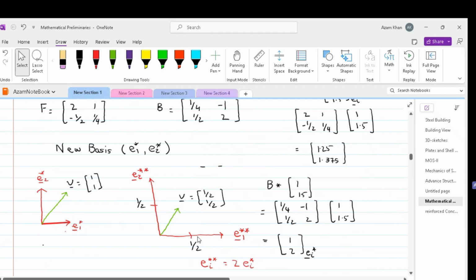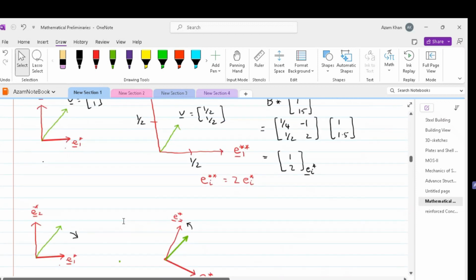So by increasing the size of the bases, we actually reduce the components. Please remember again that the vector direction and magnitude will stay the same. It's only the components which are becoming halved, so that if we apply the Pythagoras theorem, our magnitude comes out to be the same as this one.